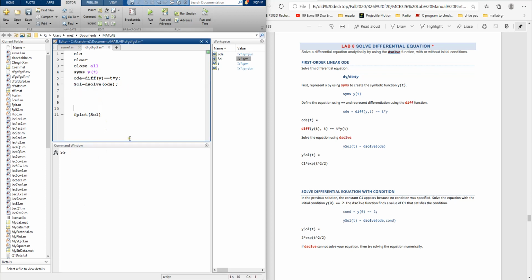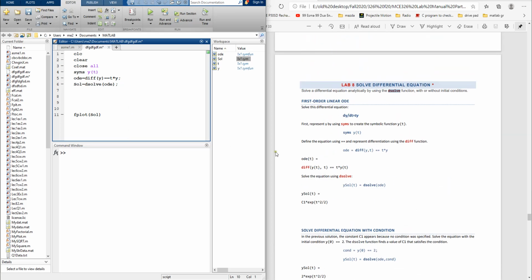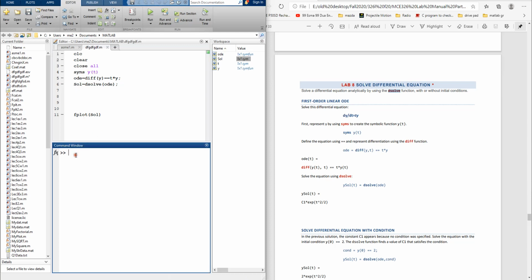We have to use one of the conditions, or initial conditions. As an example, assume that the value of y at t equal to 0. Just to remind you, what is the solution? The solution is C3 exponential t to the power 2 divided by 2. Now imagine that time t is 0.